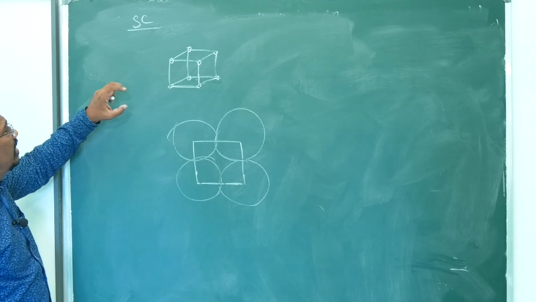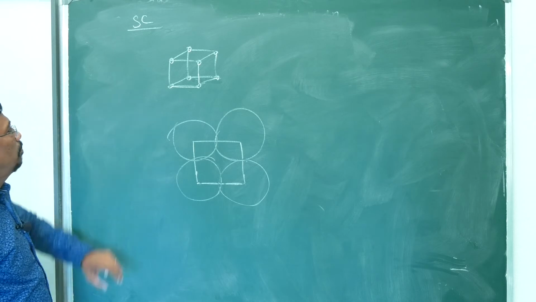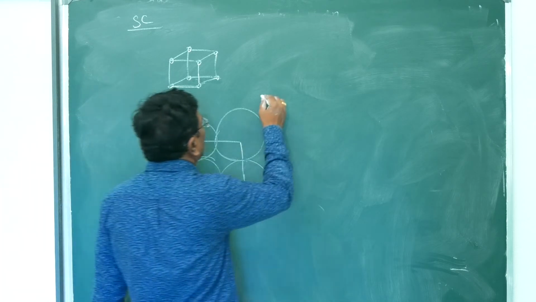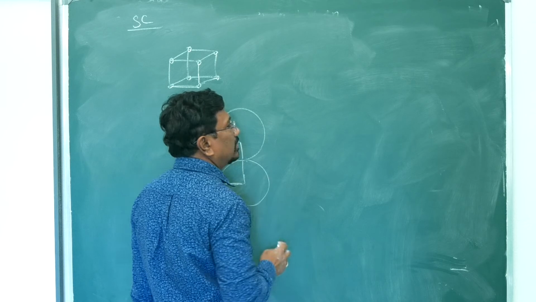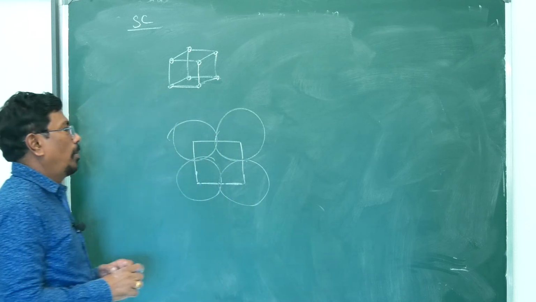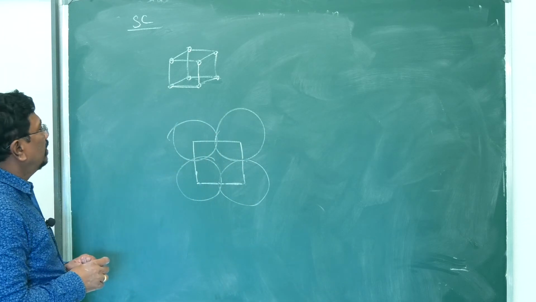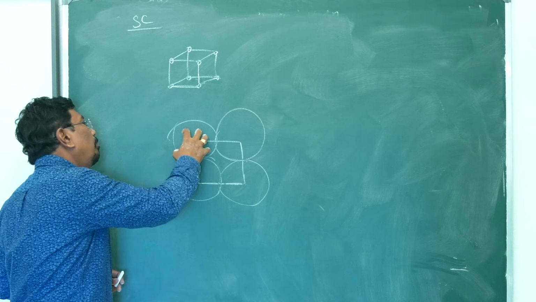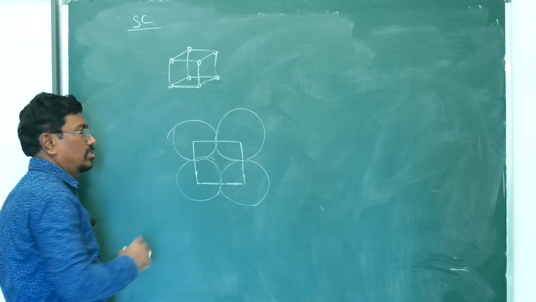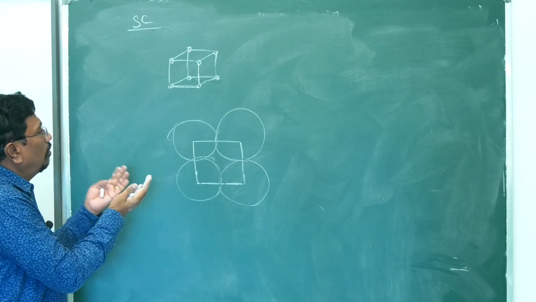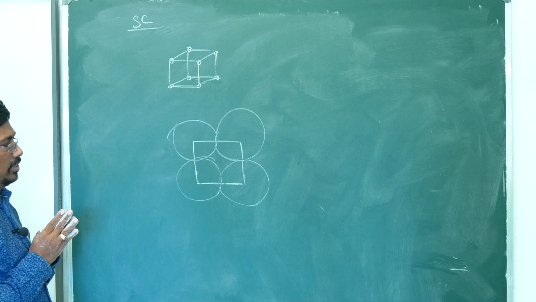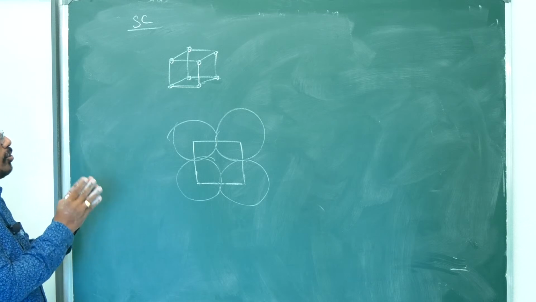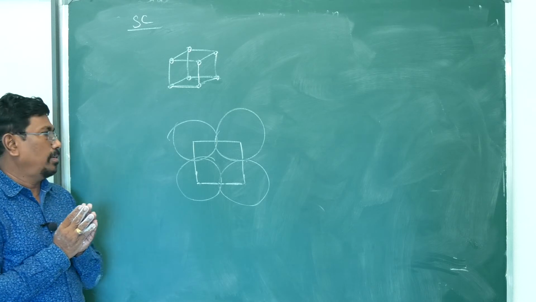How efficiently atoms are packed in a simple cubic means, for that we should know the ratio between the volume occupied by these atoms divided by the total volume of the unit cell. If it is multiplied by 100, you will be getting packing efficiency.